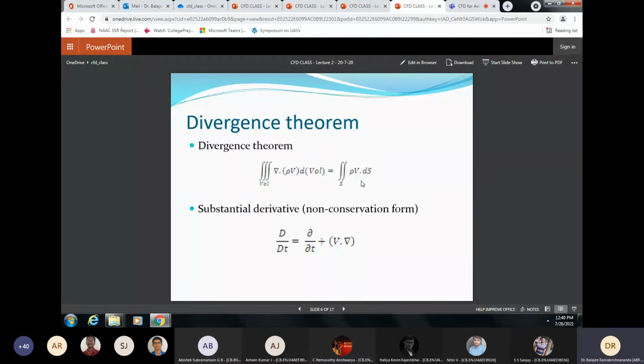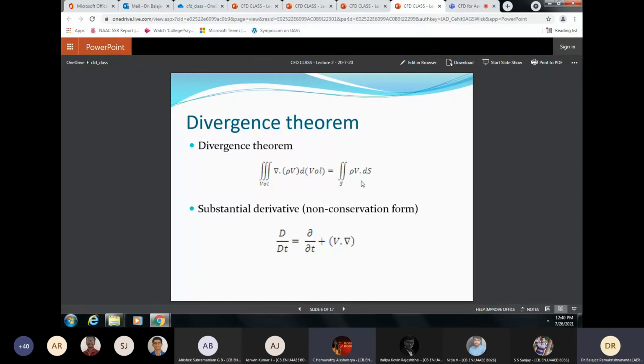What is the difference between v dot del and del dot v? You write down. Sir, del dot v is divergence. Yes. v dot del is just the multiplication into the divergence term, sir.